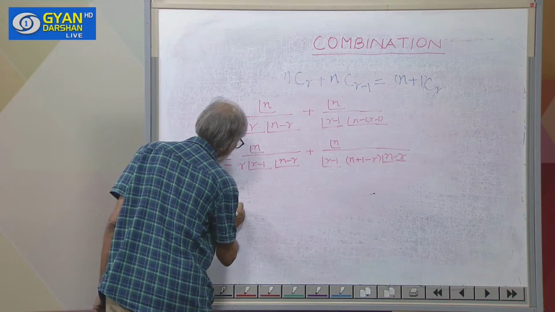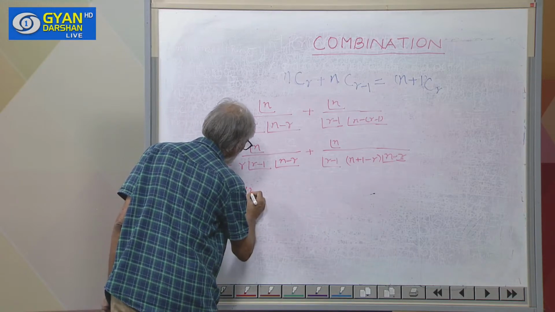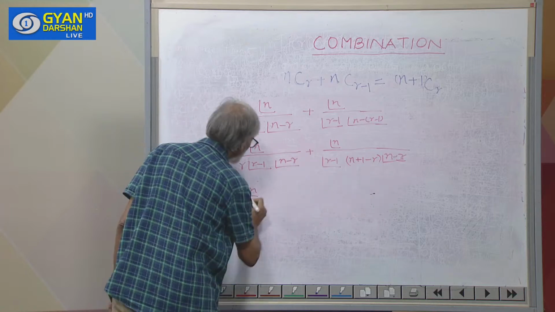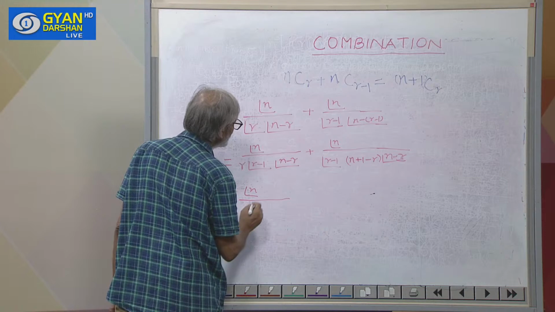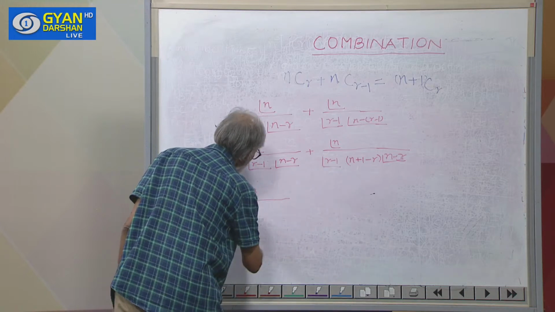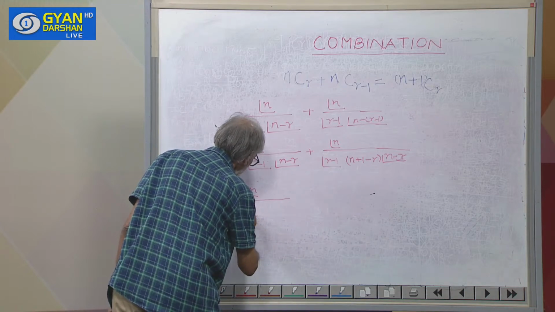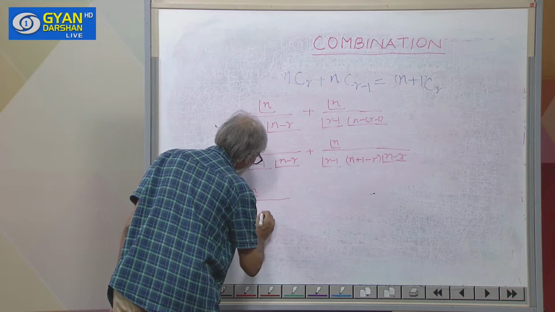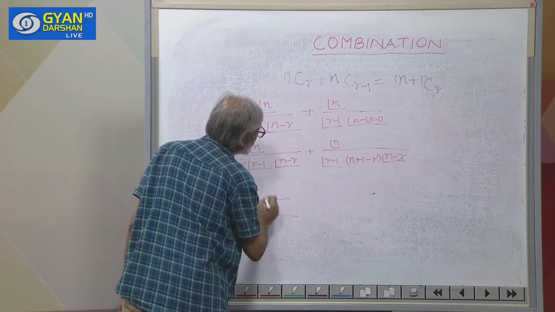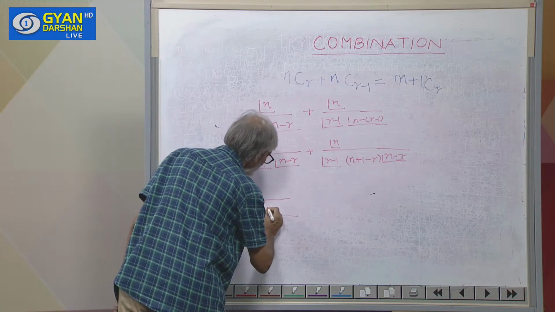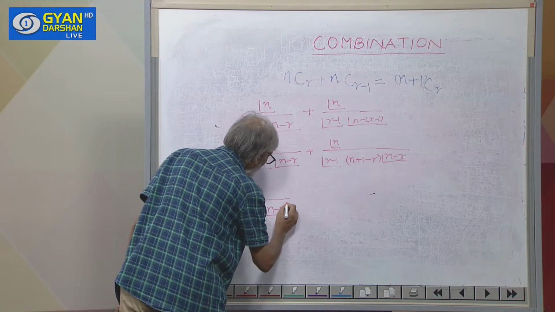Now, I will take common. Factorial n is common here in both the terms, and factorial r minus 1 is common. So, let us take factorial r minus 1 multiplied by factorial n minus r, because this is also common.